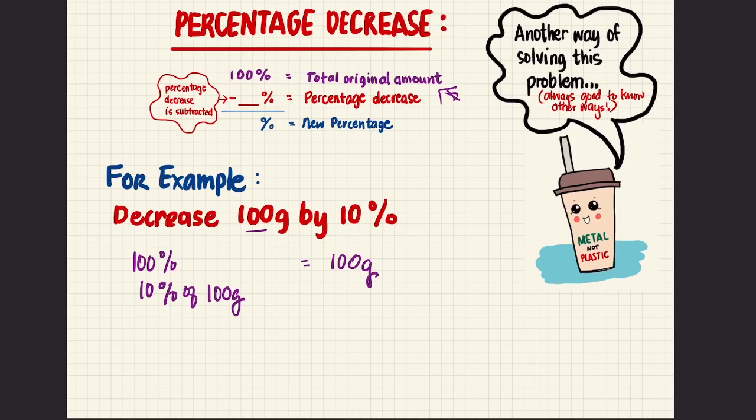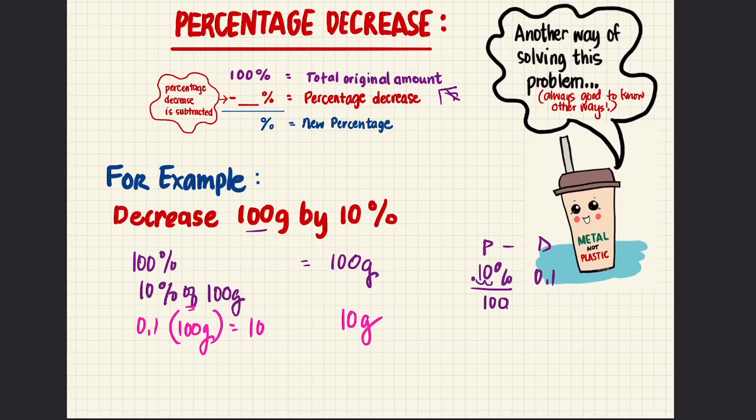So the percentage needs to become a decimal by dividing by 100. So two zeros, 1, 2, move the decimal point 1, 2 to the left. So the decimal is 0.1. So now, what is 0.1 of? You know of is multiply, 100 grams. It is equal to 10, so this one is equivalent to 10 grams.